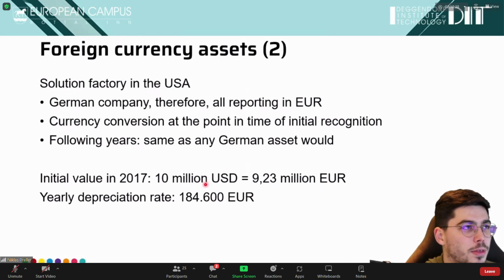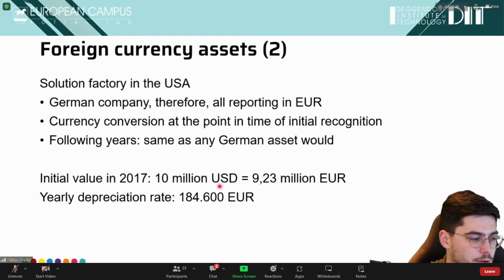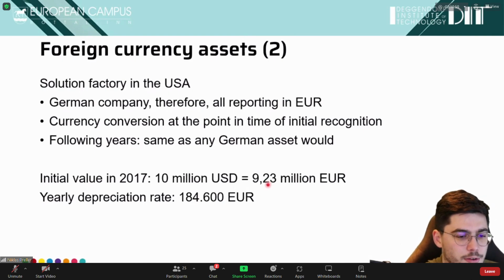Then we have, through that, a yearly depreciation of 184,600 euros, because we divide that euro value by 50 years. We have a useful life of 50 years. And now we handle that the same as any German asset would be handled. We have the initial value of 9.23 million euros and a yearly depreciation of over 180,000 euros.